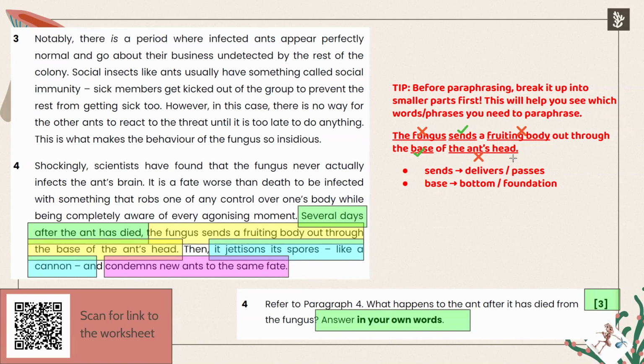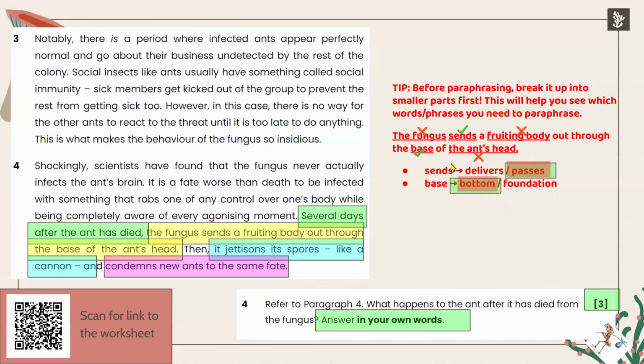Okay. Between the two, passes is stronger. Now, what about base? Can I say the foundation of the ant's head? Bottom sounds more natural, right? Precisely. So if you take a look at these two, delivers and sends have similar meaning, right?